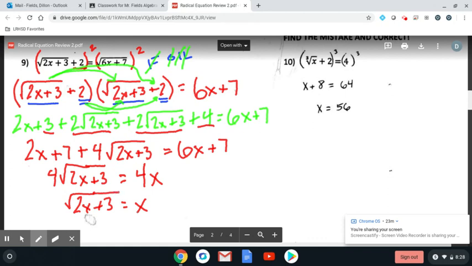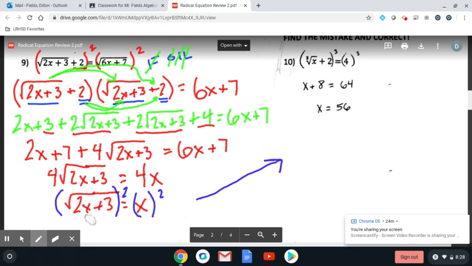All right, now that you guys finally have that square root by itself, this is where you want to square both sides to get rid of it. So when I square both sides, my square root symbol is going to cancel out, but this x is now going to become an x squared. So you know what? I'm going to do it over here.